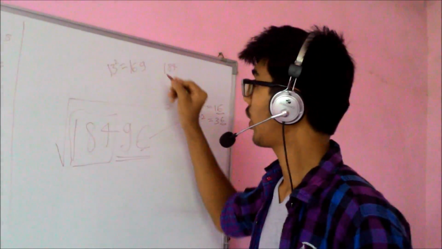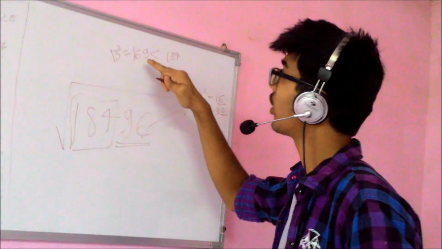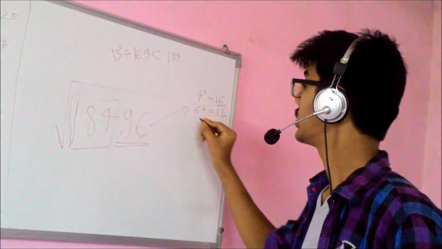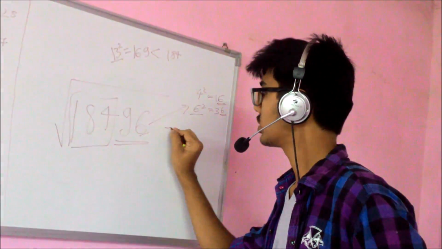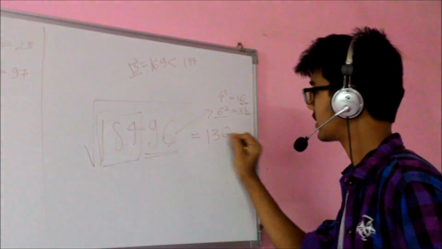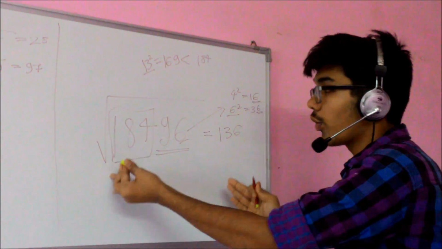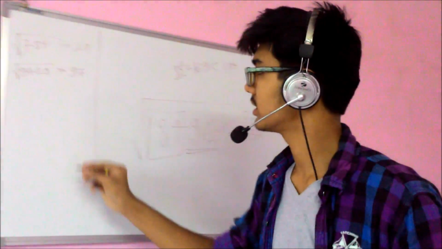As 184 is greater than 169, we'll choose the greater number from here and 13 from here. So we'll get 136. That's the square root of 18,496.